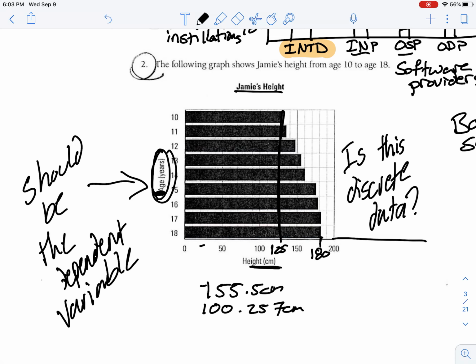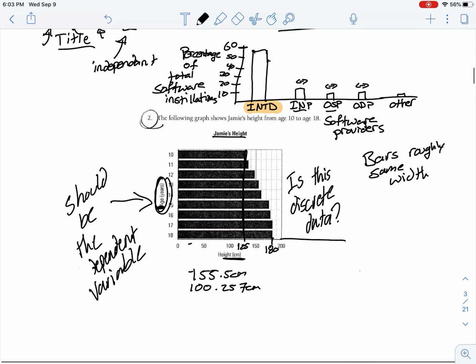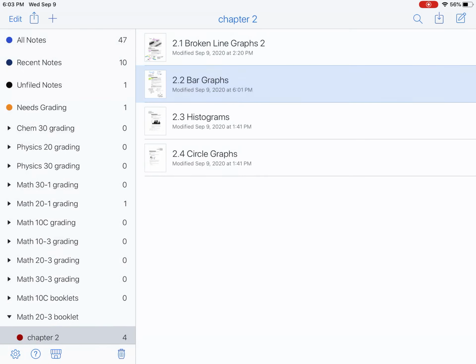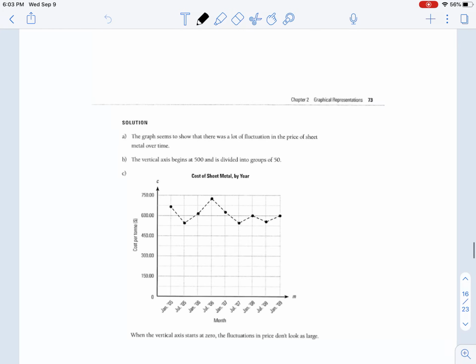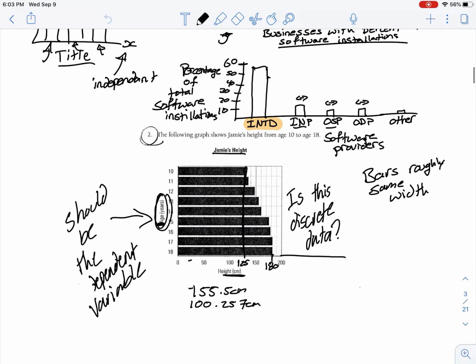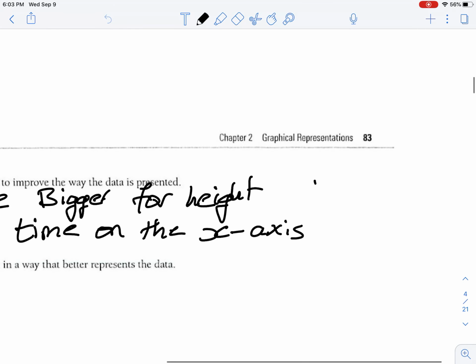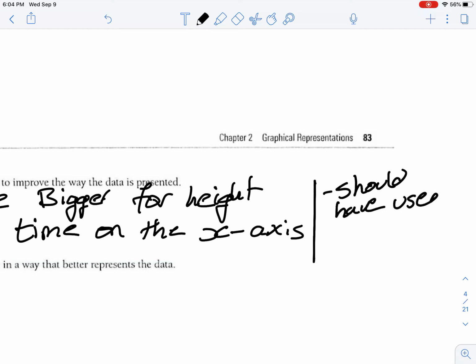So this should actually be shown using a scatter plot diagram, which again is found in 2.1. So we should have represented it like this using plotted points. Okay, so this should be represented using a broken line graph.